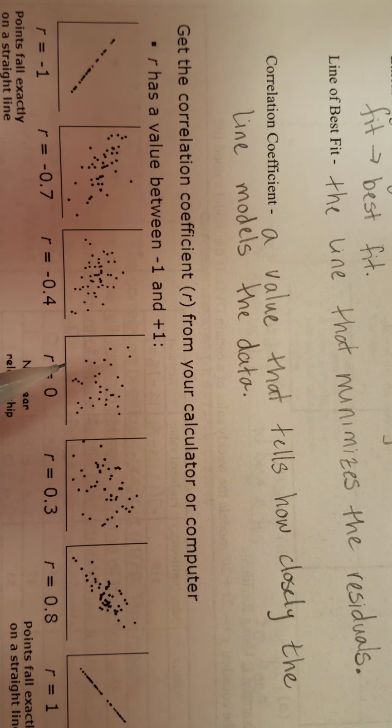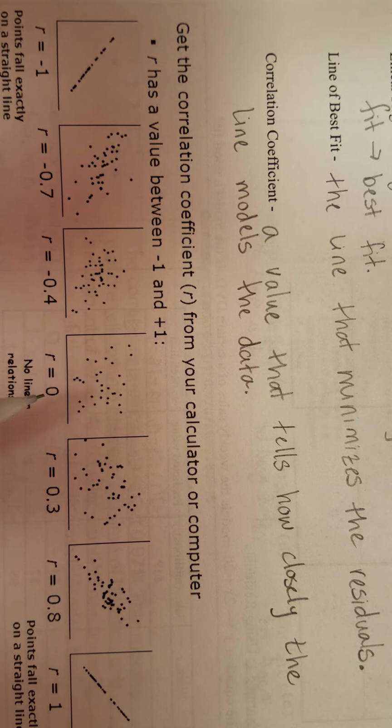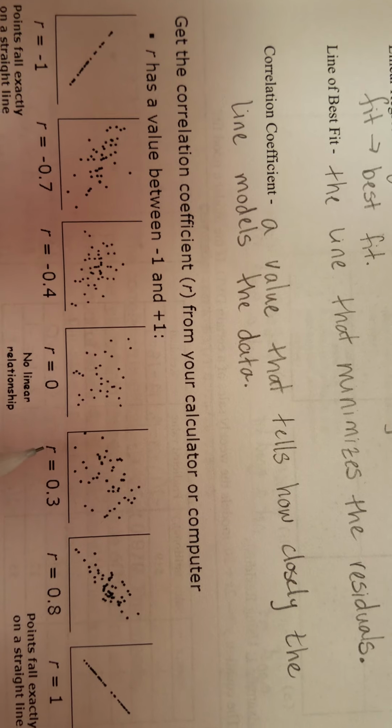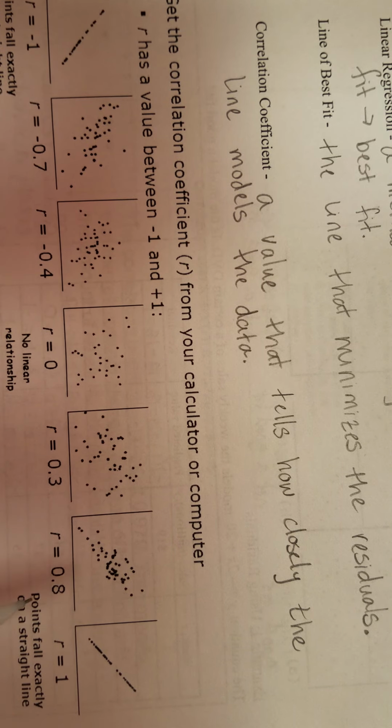Now when we have a correlation coefficient of 0, that tells us that we have no linear relationship, okay? Now we keep going up to the positive side, right? And when we get up here to a correlation coefficient of exactly 1, that tells us that our data lies exactly in a straight line with a positive relationship, meaning that as the x value grows larger, so does the y value.